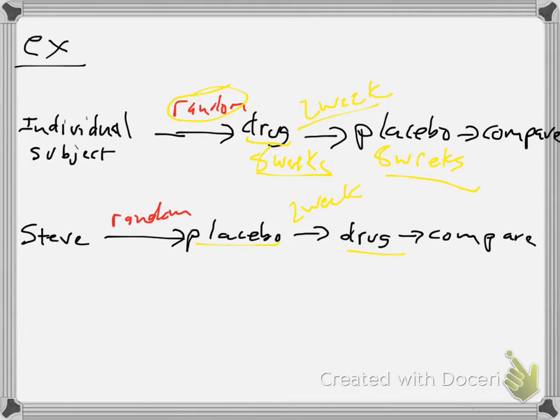So again, the randomization is going to distribute the lurking variables at least as randomly as we can. So every member of the group has an equally likely chance of either receiving treatment or not.